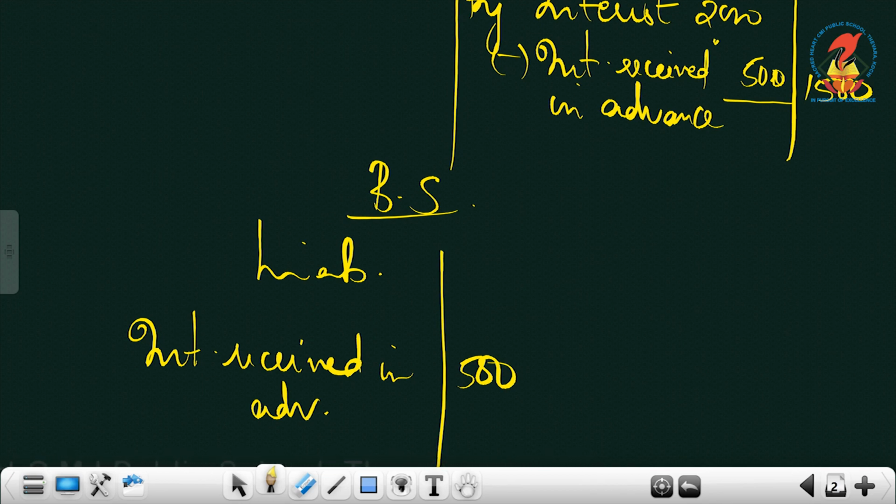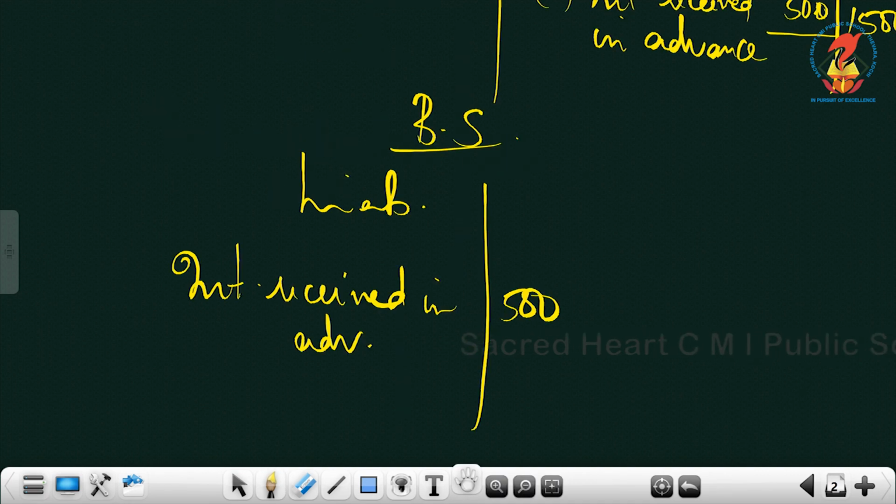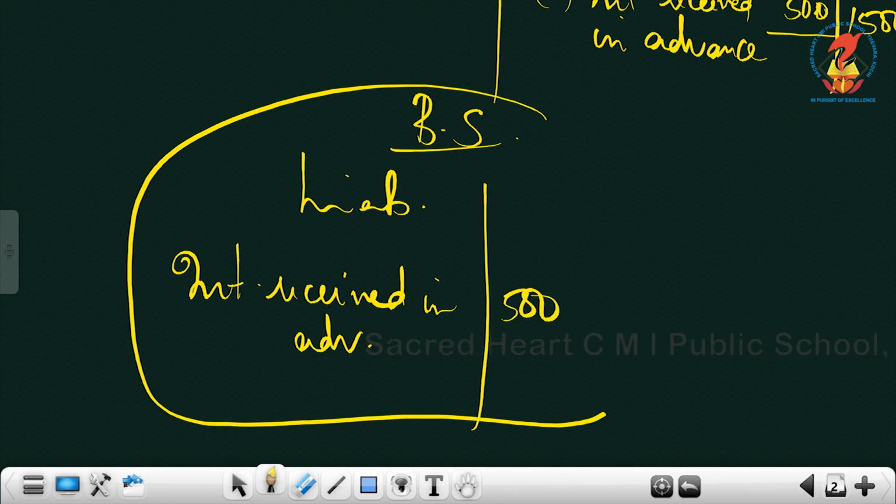Then the balance sheet also you have to record. The second subhead you write for this item, income received in advance, is when it is given inside the trial balance. Inside the trial balance means not an adjustment, so you have to see the basic nature. The basic nature is a liability, and this will be the answer. Repeat this portion.